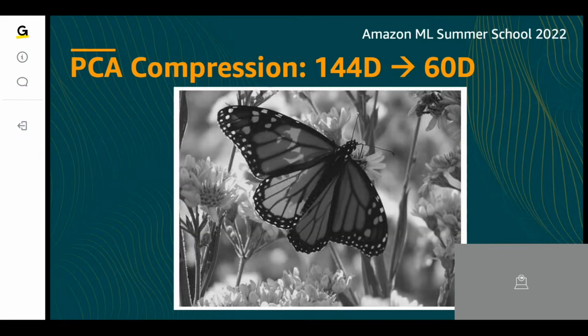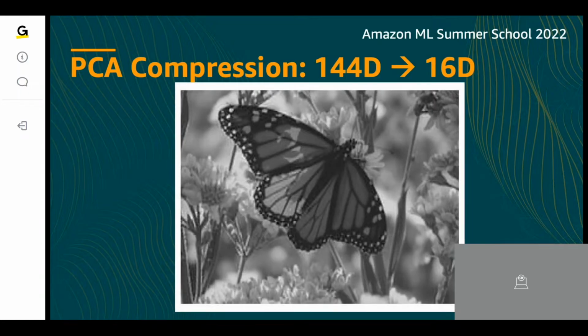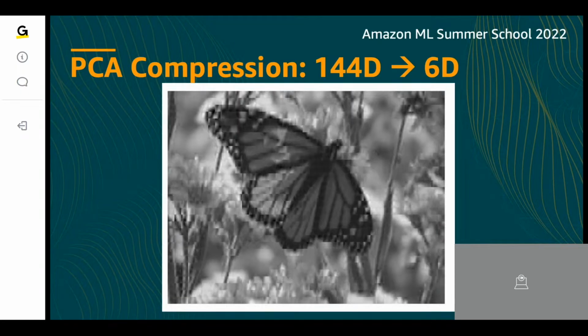Right? So instead of your 144 dimensional picture, once it's compressed to 60 dimensions, it looks like this, and then further reduced to 16. The human eye can very easily figure out that this is still the picture of a butterfly.